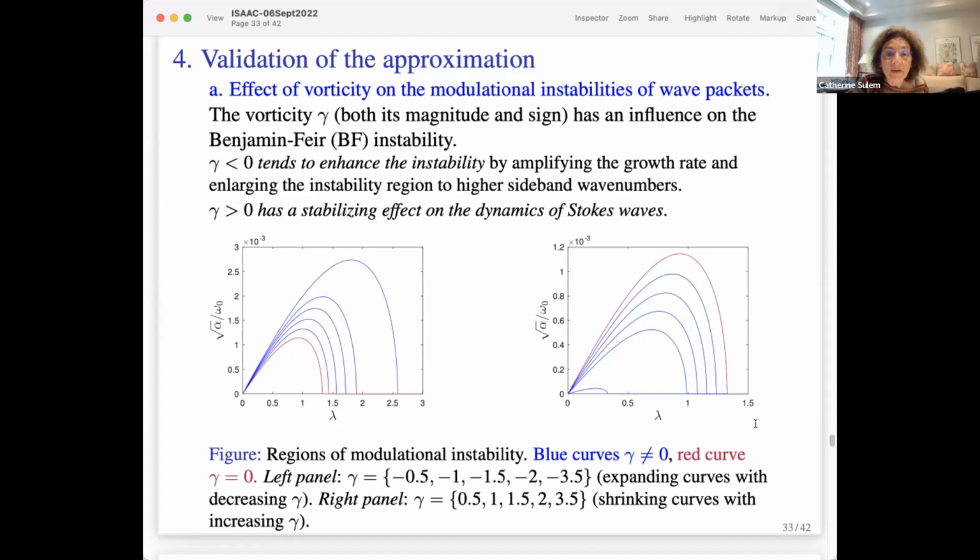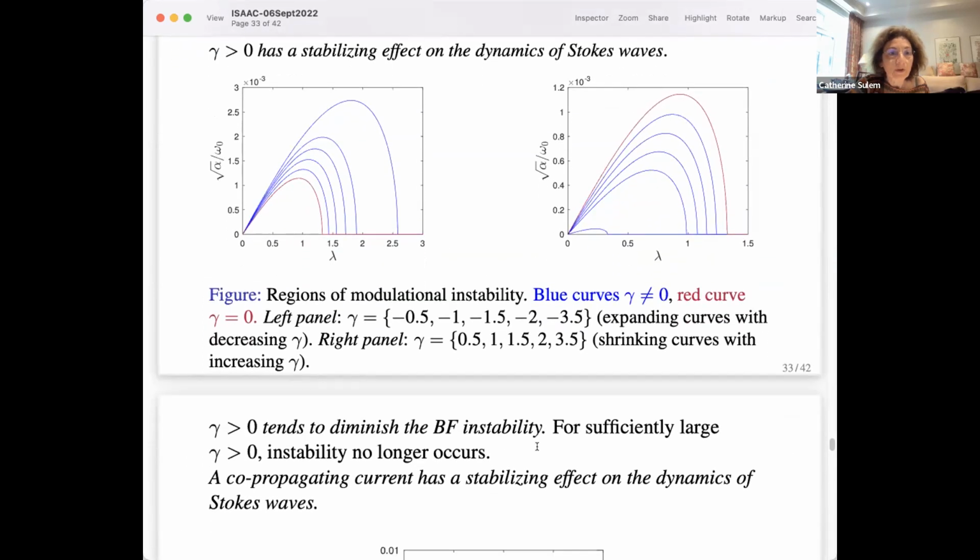So it amplifies the growth rate. On the other side is gamma positive, the co-propagating stabilizing effect of the vorticity of the shear flow. Now the red curve is gamma equals 0, and as we increase gamma in amplitude, we are going downwards, the curves are shrinking.